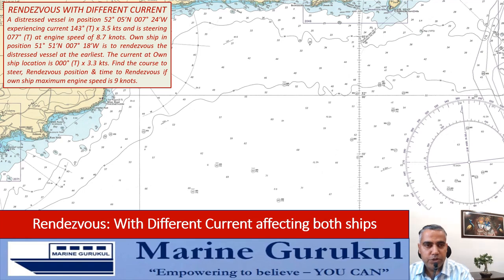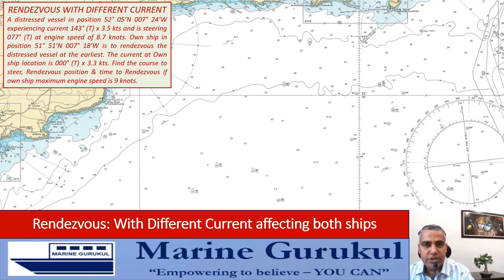Own ship in position 51 degrees 51 minutes north, 007 degrees 18 minutes west is to rendezvous the distressed vessel at the earliest. The current at own ship location is 000 degrees true at a rate of 3.3 knots. Find the course to steer, the rendezvous position, and the time to rendezvous if own ship maximum engine speed is 9 knots.